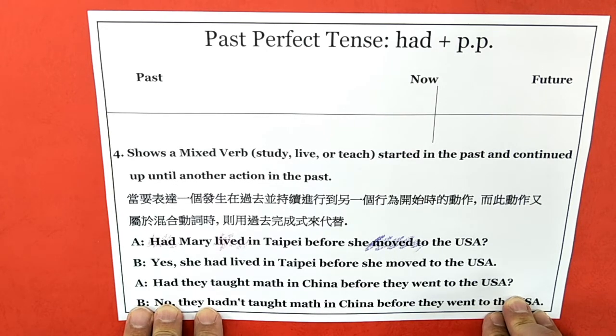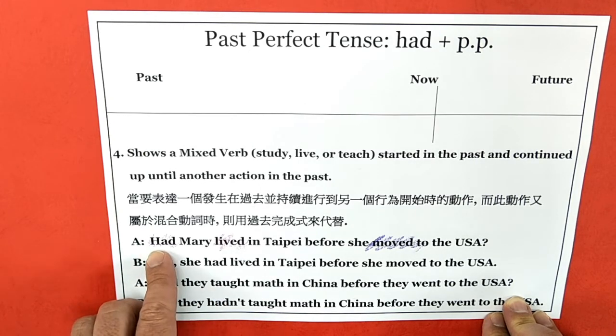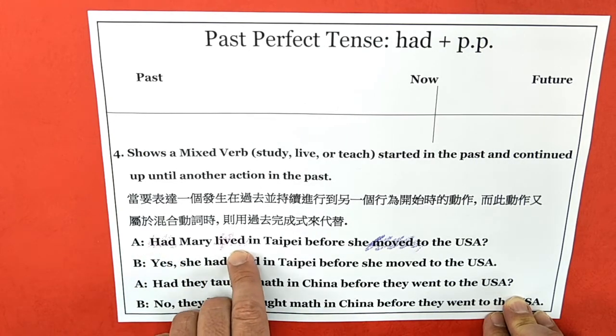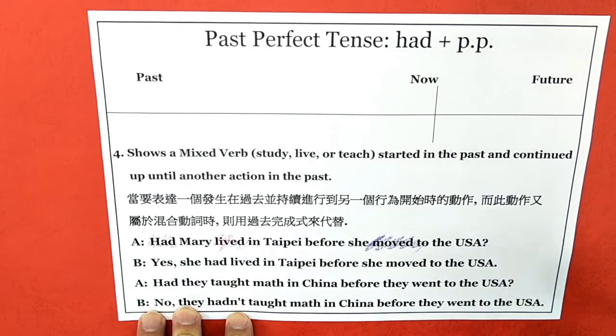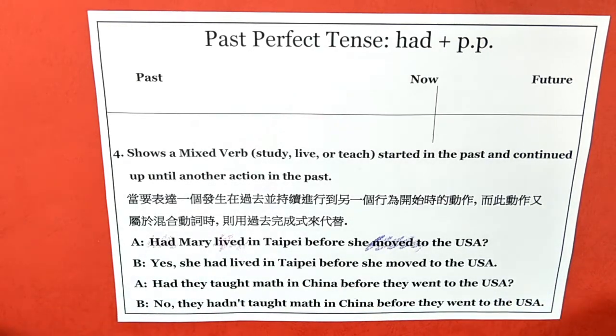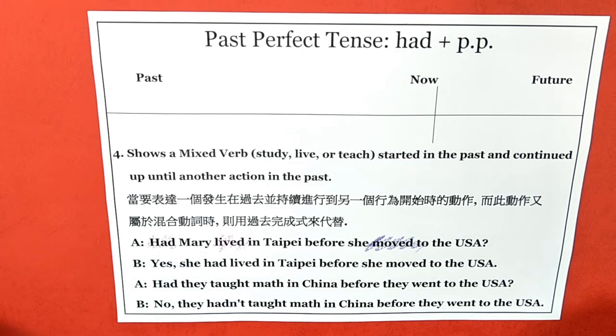You could use this simple past. Did Mary live in Taipei before she moved to the US? Or you could use the past perfect. Had Mary lived in Taipei before she moved to the USA? That confuses American students because they think, well, which is the best answer? Well, I personally like past perfect tense, but you could also use the simple past.